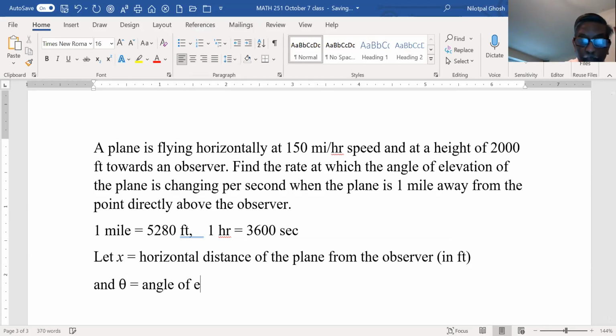Because they talked about angle of elevation themselves. I mean, whoever wrote the problem, namely me, it works out right. And time is t. Again, we measure time in minutes or seconds. I'm going to go for time t equal time in seconds.